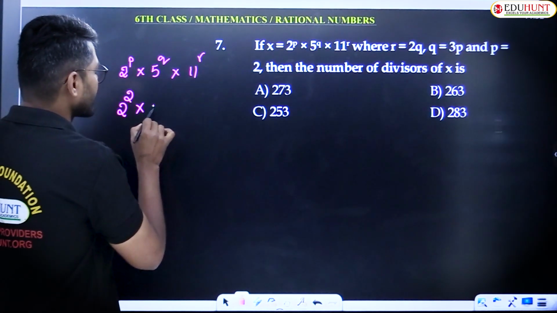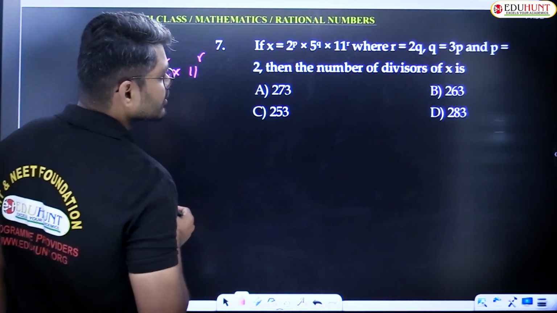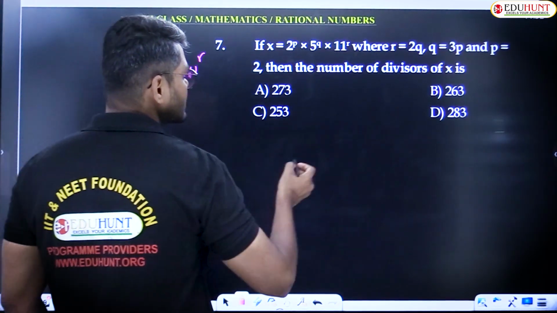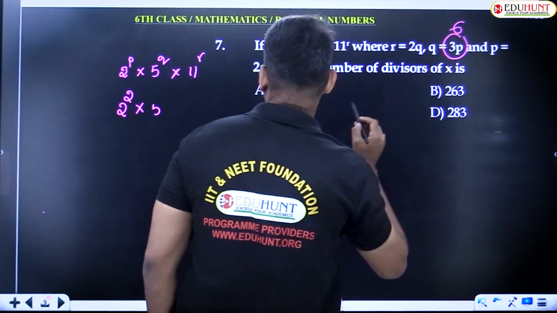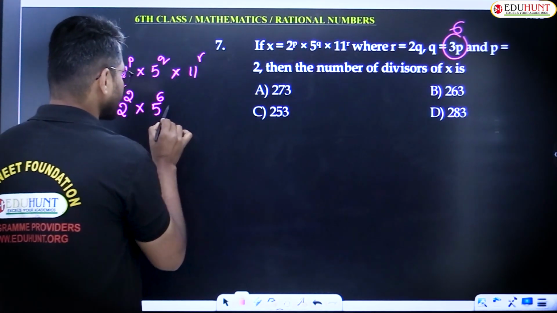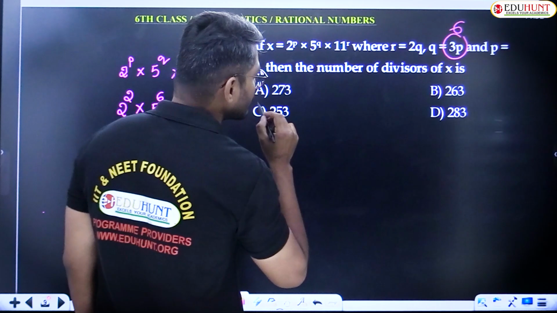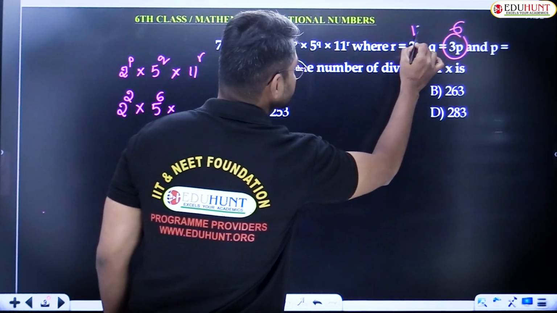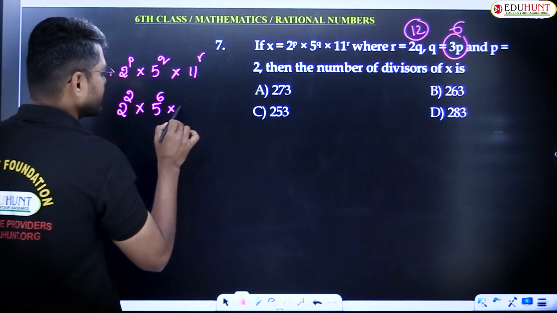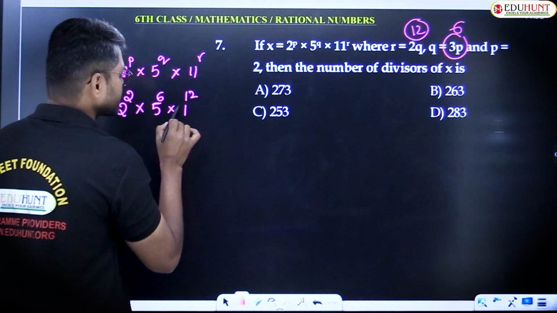Into 5 power q value. Q is equal to 3p, 3p means 6. Into 11 power r. R means 2q, this is 12. 11 power 12.